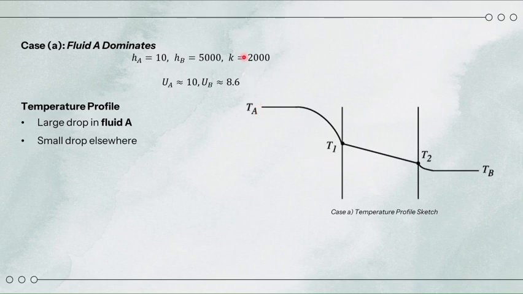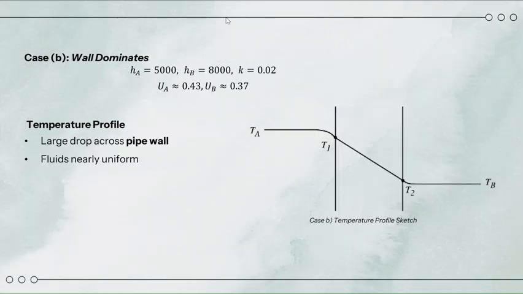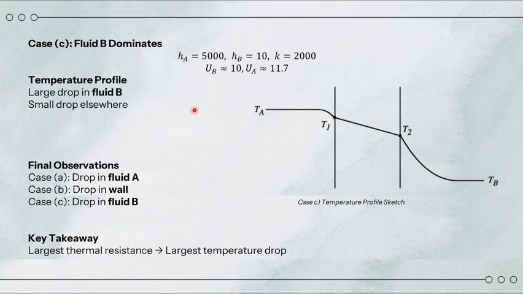Similarly moving on to the next cases. For the second case, wall conductivity is low, hence the wall dominates, and there is a large difference across the wall, and the temperature profile sketch is given. Similarly, in the third case, outer convection is weak.